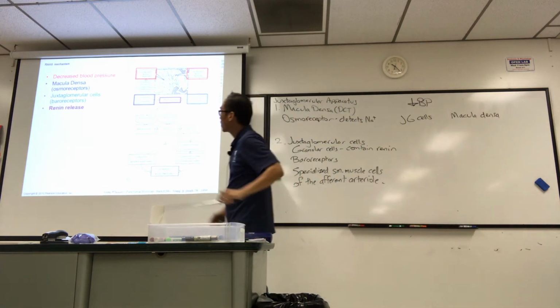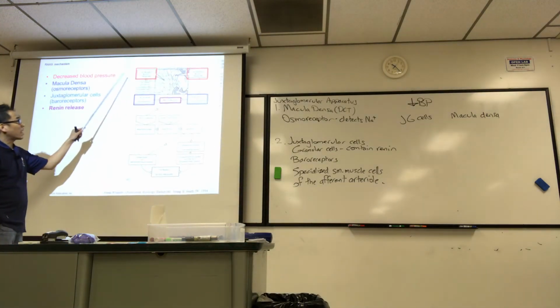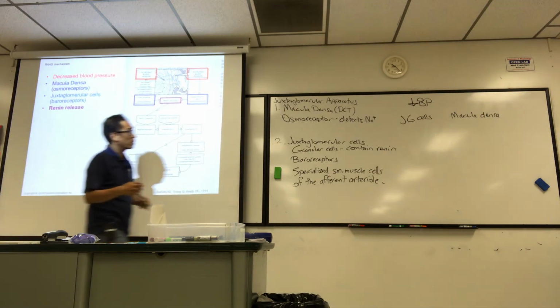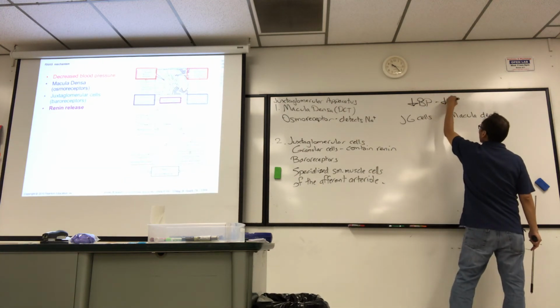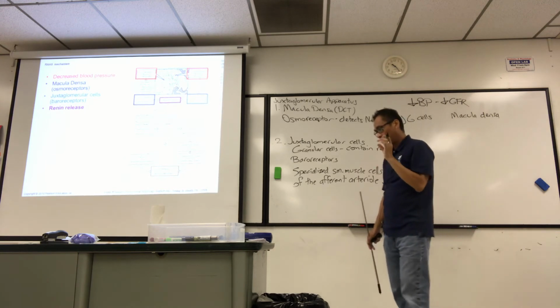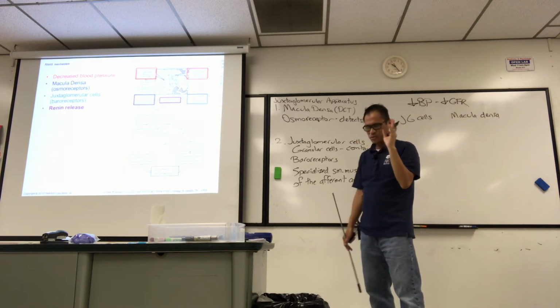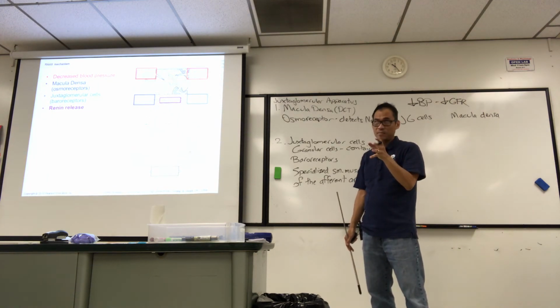Before I move on, I want to read what it says in here. Okay, so we have drop in BP. This says decreased GFR. Let me write that up here. We just talked about a decrease in GFR. If there's a drop in GFR, the flow is too slow, so you have more time to reabsorb sodium.